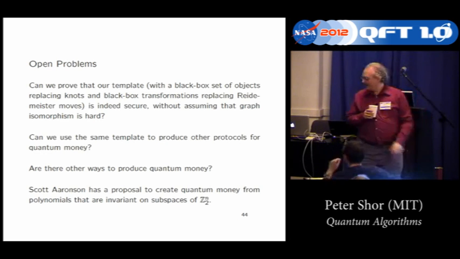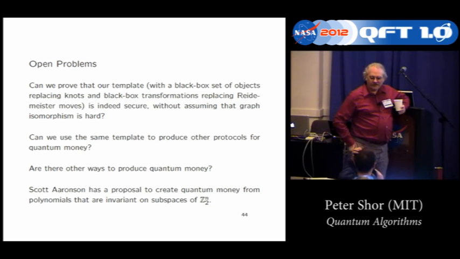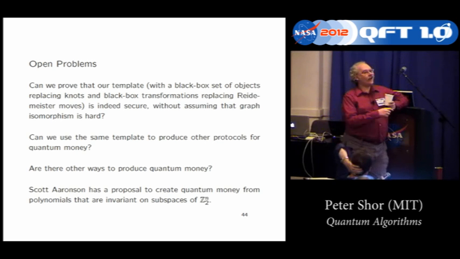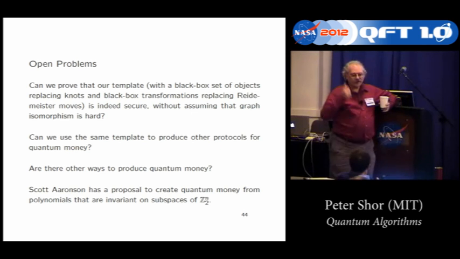So you said that you looked at many possibilities and you ended up with knots. Can you tell us, so that we don't waste time, which ones you looked at that didn't work out in the end? Okay. Well, we looked at a lot of things that were like graph isomorphism, but there are lots of isomorphism problems, and some of them are harder than graph isomorphism, and we looked at some of these, and it didn't seem to work either.